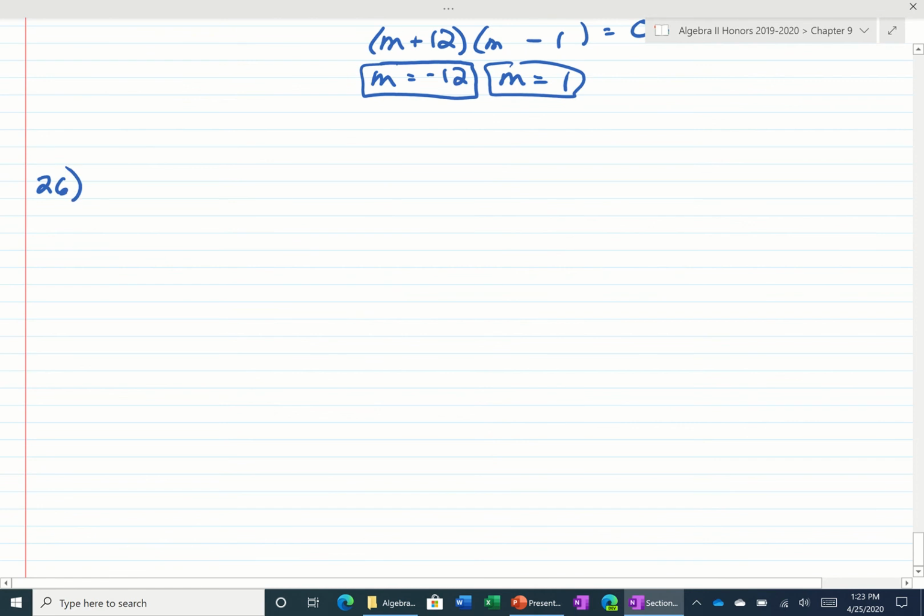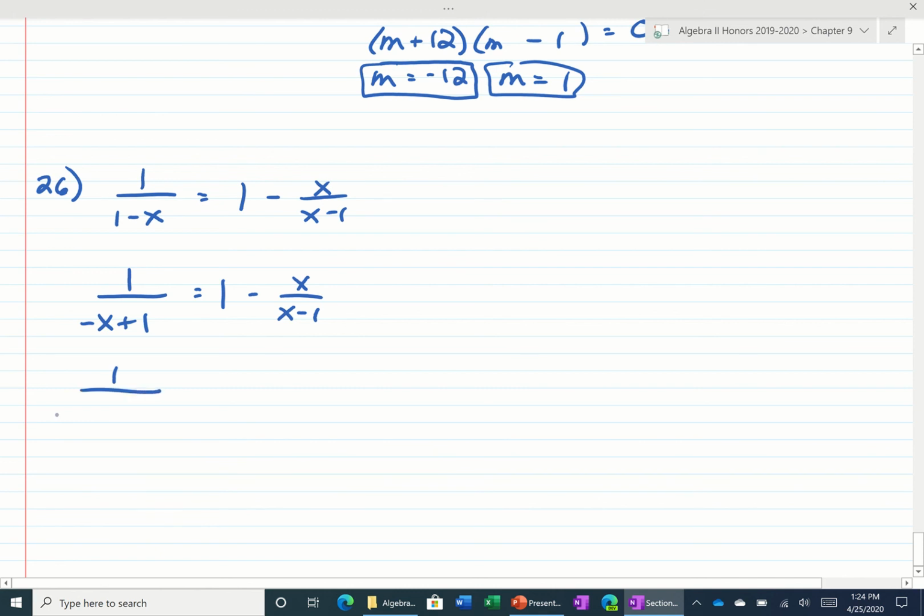So for number 26, it says 1 over 1 minus x, which looks like what we talked about before, is equal to 1 minus x over x minus 1. Now we could write this as negative x plus 1, and then factor out a negative. So the LCD would be negative times x minus 1.